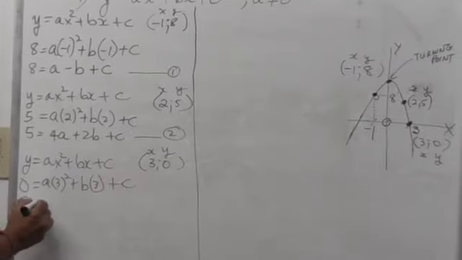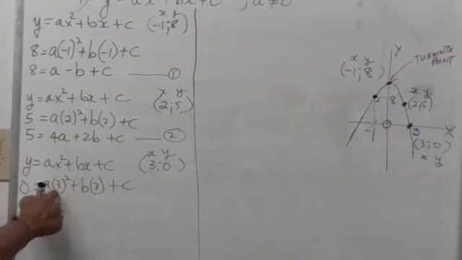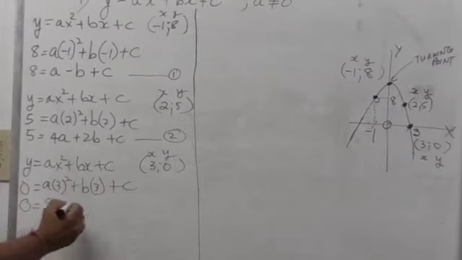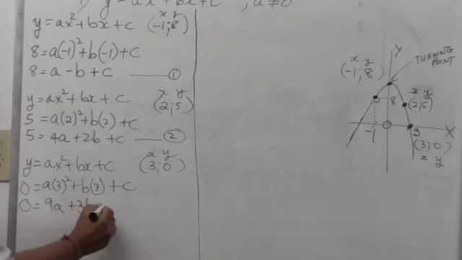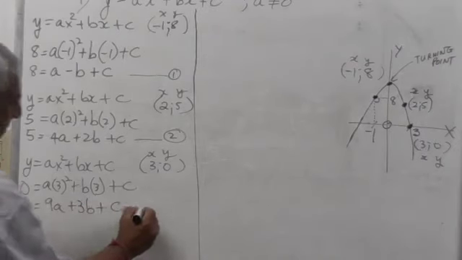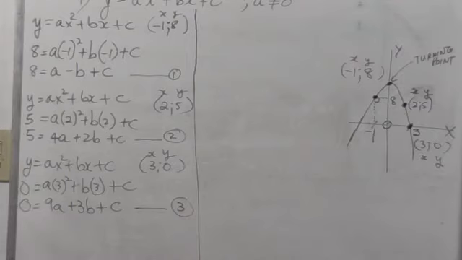That will give you 0 is equal to 9a plus 3b plus c. That gives you your third equation. Now you have 3 equations: equation 1, equation 2, equation 3. And you're going to use these 3 equations to solve for a, b, and c.